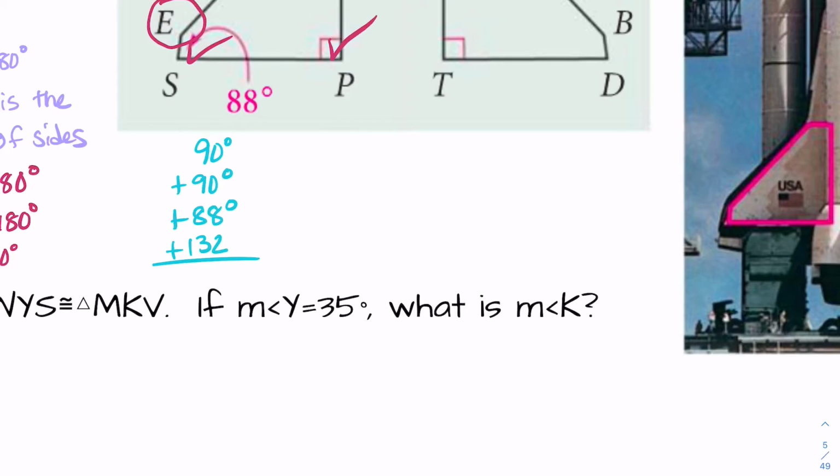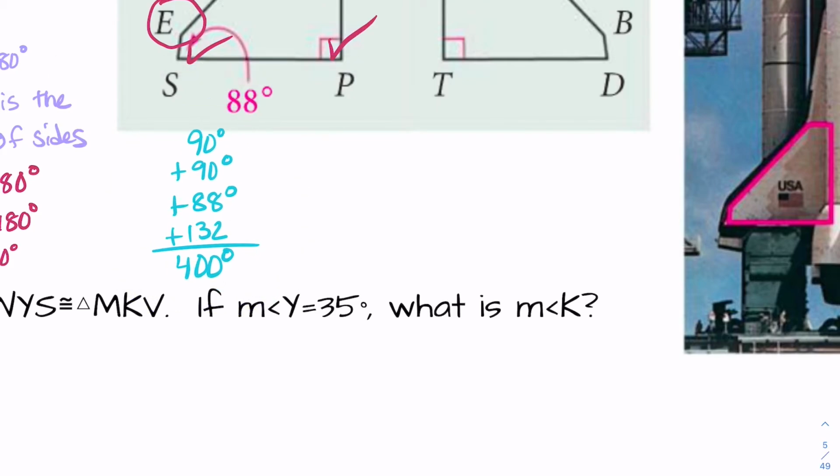In total, we have 88 and 132. I just want to double check my math. 132 plus 88 is 220. And then plus 90 and 90. So we get a total of 400 degrees for the amount used.